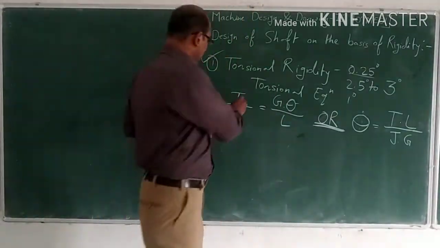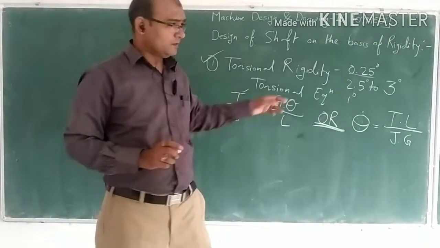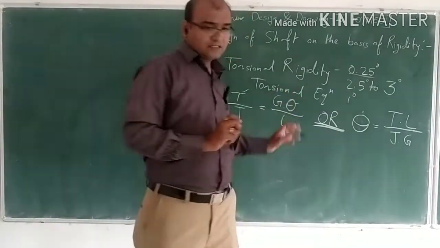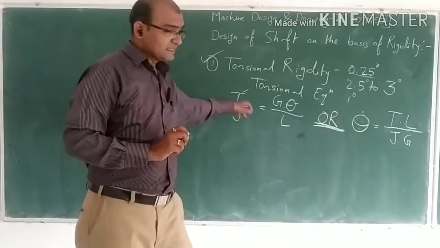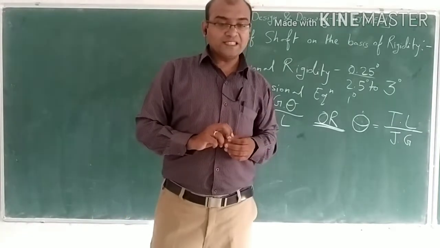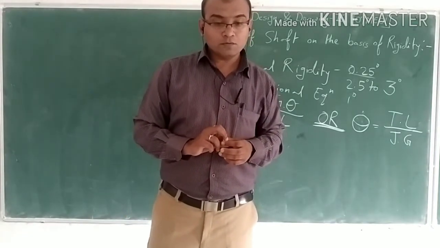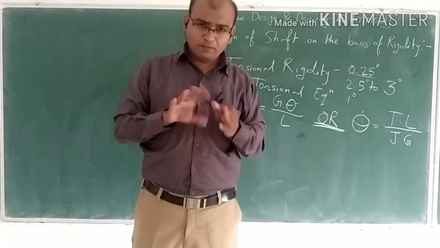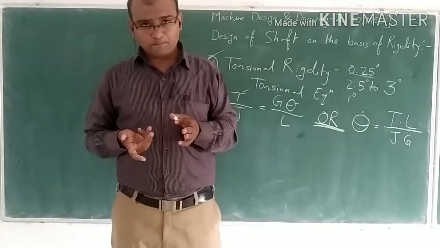Theta is the torsional deflection. T is the twisting moment or torque on the shaft.